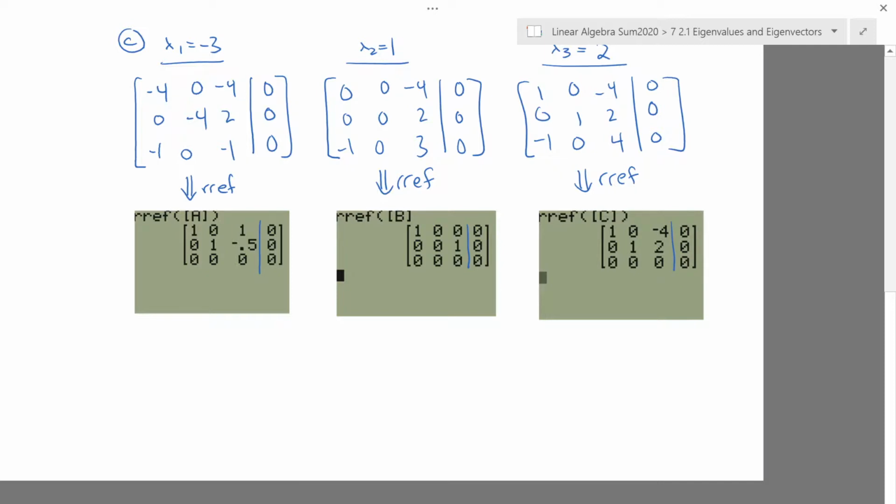Right, okay, so what do we have? Those are the leading ones.